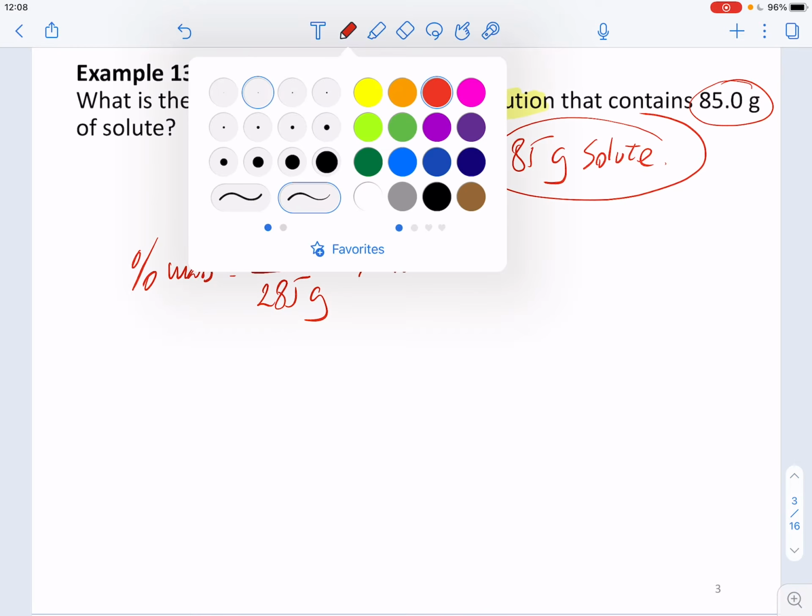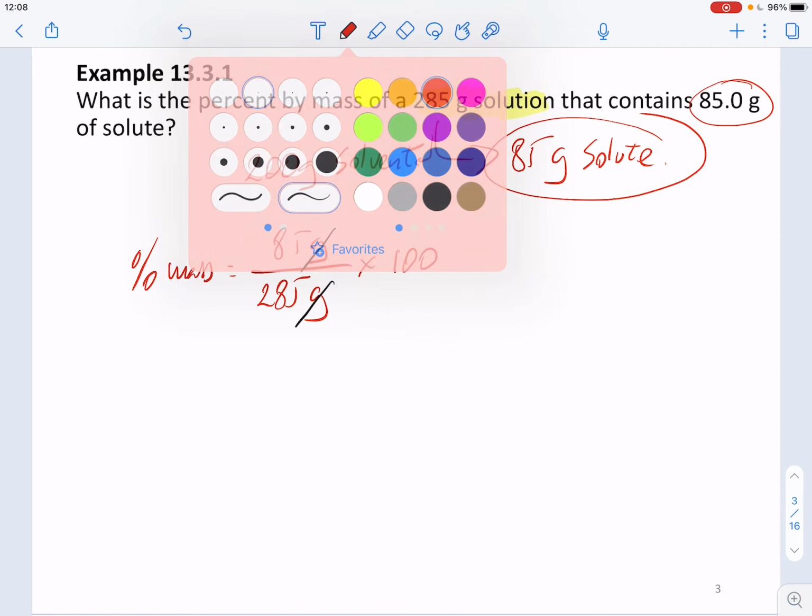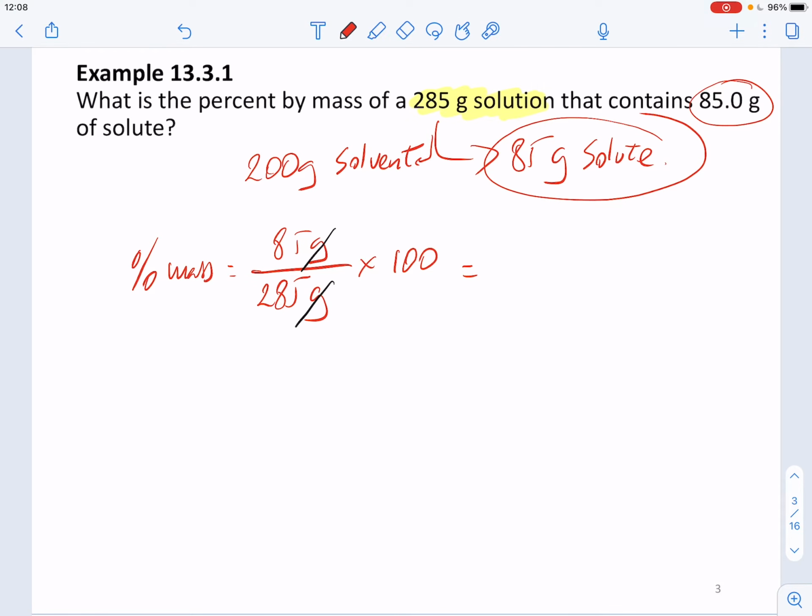Notice that the units, grams and grams, cancel each other. It's not quite that they are canceling, because one represents grams of solute and the other grams of solution, but in terms of mass, it's kind of adimensional.